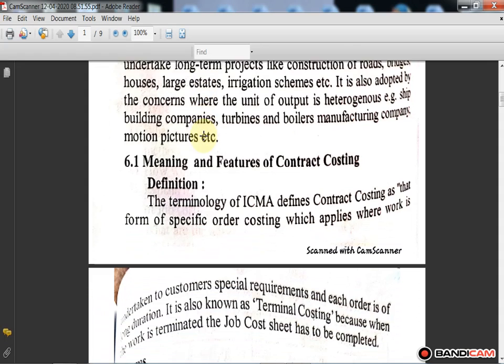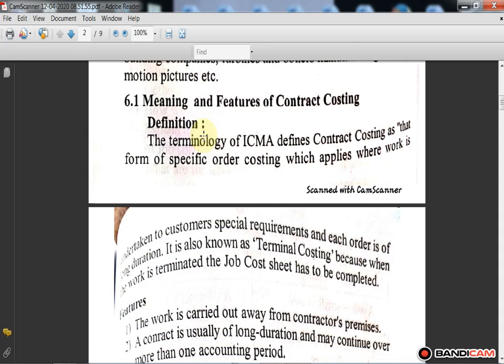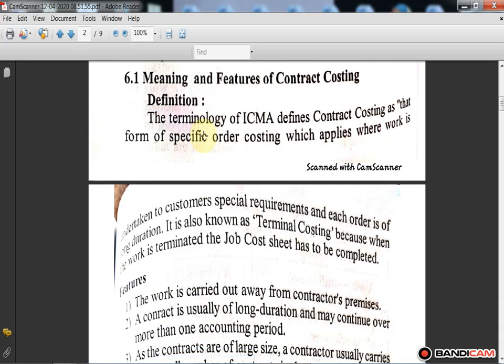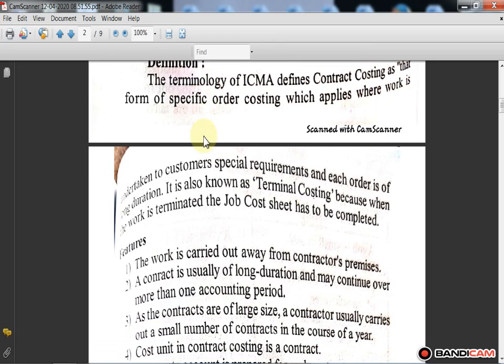Here, meaning and features of contract costing. Definition first. The terminology of ICMA defines contract costing as that form of specific order costing which applies where work is undertaken to a customer's special requirement and each order is of long duration.